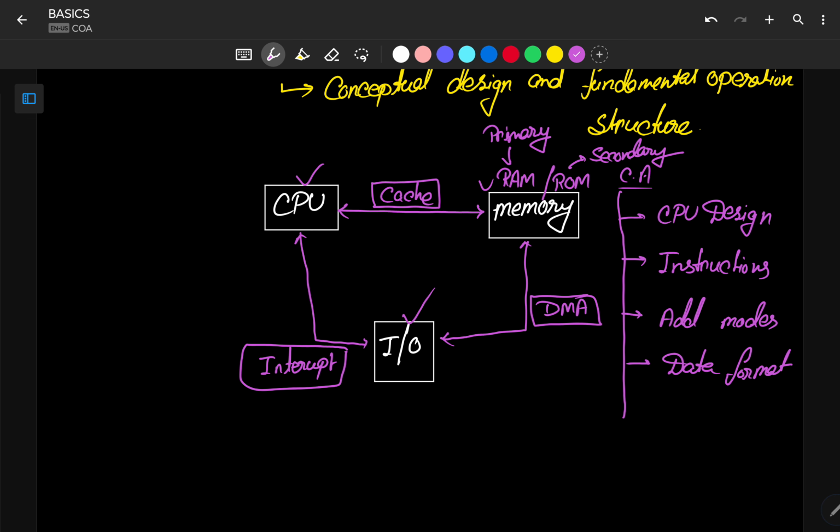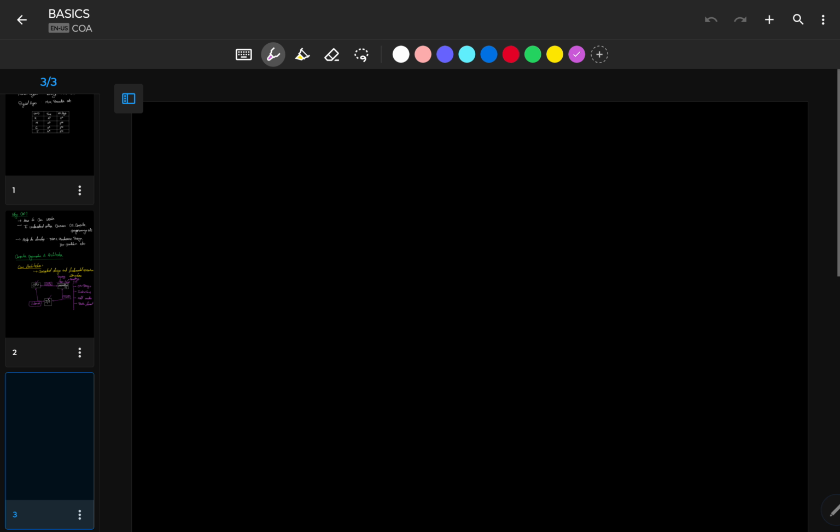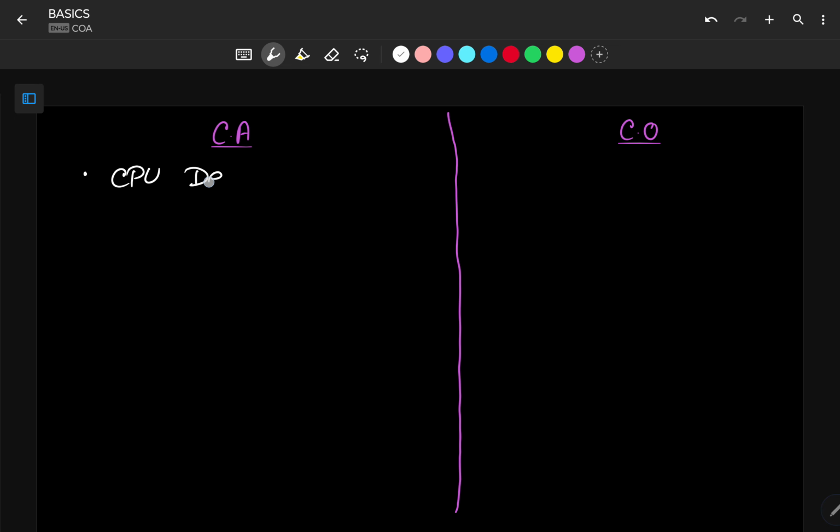Now we'll see the differences between computer architecture and computer organization. In computer architecture, the basic topic is CPU design.